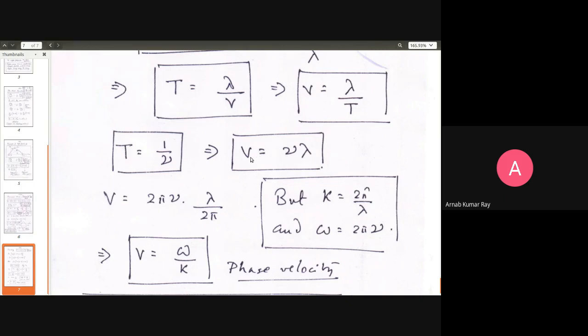In this equation, V is equal to nu lambda, you have got 3 unknown quantities. So you will have to prescribe 2 values for the third to be known. I prescribe V and nu, I know lambda. Or I prescribe nu and lambda, I know V, and like that. Or I prescribe V and lambda, I know nu. So I have to prescribe 2 things to know the third thing.